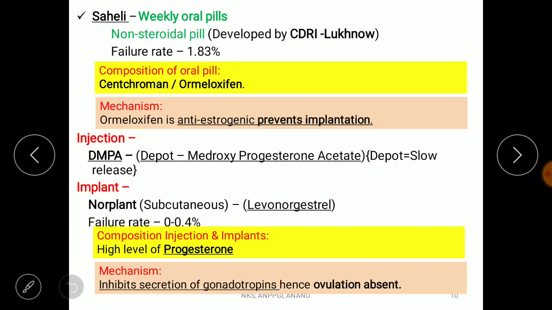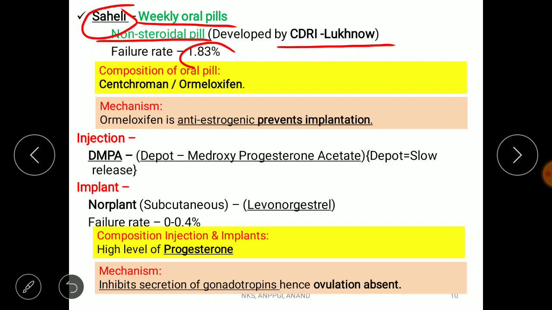The second contraceptive, which is called Saheli, is developed by CDRI Lucknow. It is a non-steroidal pill. The Mala D is a steroidal pill, but Saheli is the non-steroidal pill. And another very important thing about the Saheli is that it has to be taken weekly, once in a week, right?